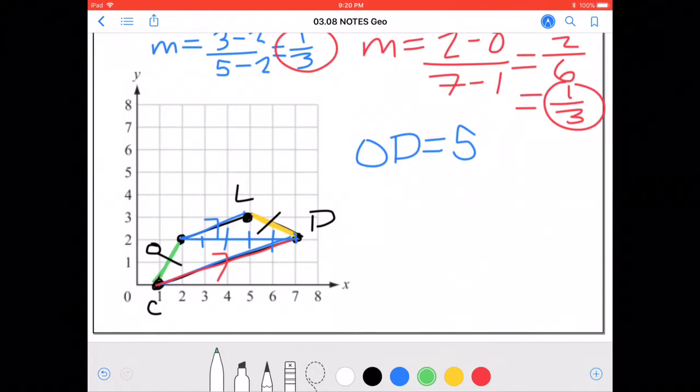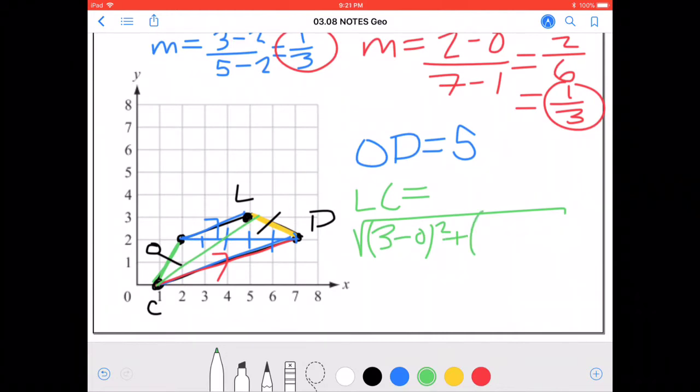Next, we can find the distance of our second diagonal, which would be LC. If we do that, we do have to use our distance formula here. So we can choose L as our second point. We can start with Y: 3 minus the Y value of C, which is 0, squared, plus the X value of L, so 5 minus 1 squared.